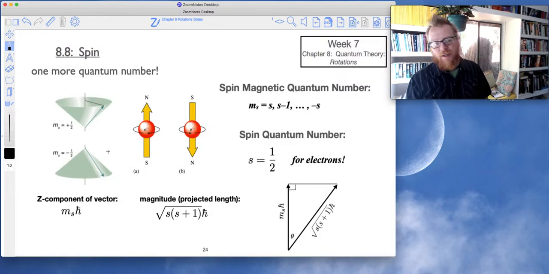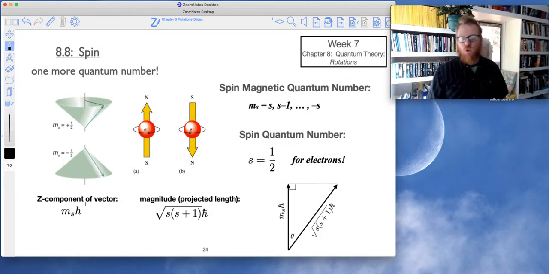So, and of course, we can come up with the same situation in this vector model. As it turns out, the spin magnetic quantum number, ms, is given by s minus 1, all the way down to negative s. As it turns out, there's only one quantum number for electrons, and that's s equals 1/2.